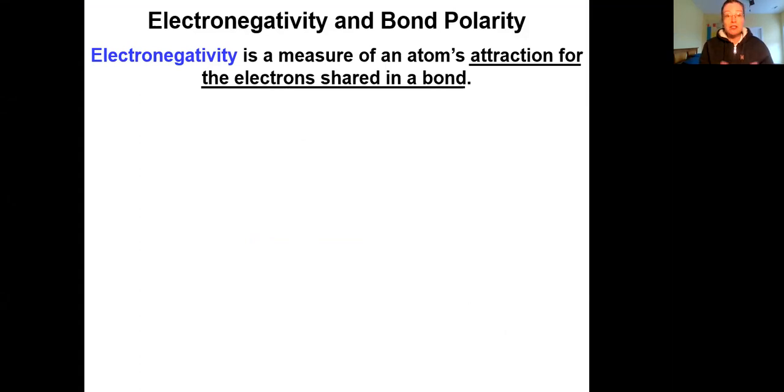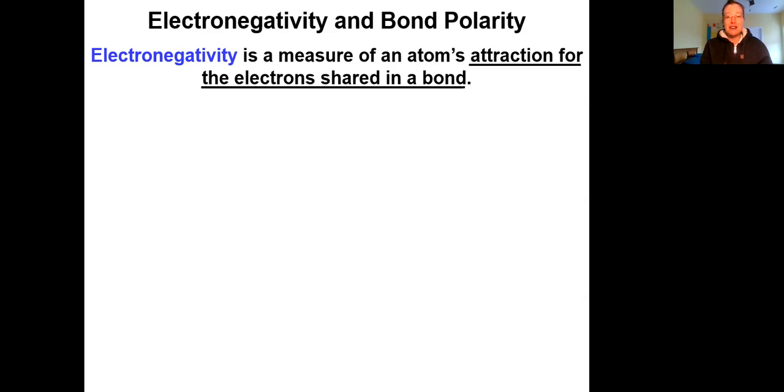And while this is all true, you might have been under the impression that the atoms were sharing the electrons equally in a covalent bond. In reality, that's not always the case. Sometimes there's still someone who's more greedy than the other guy when it comes to sharing their electrons.